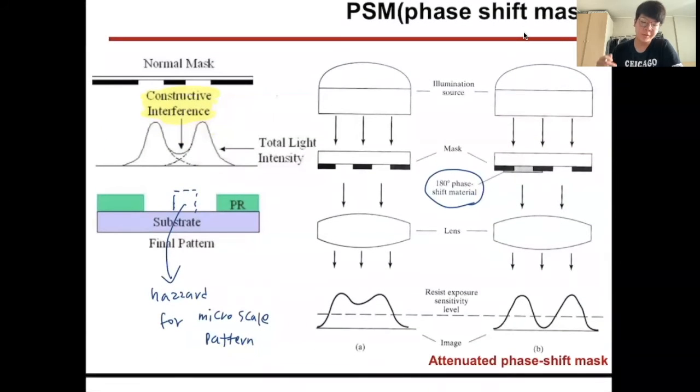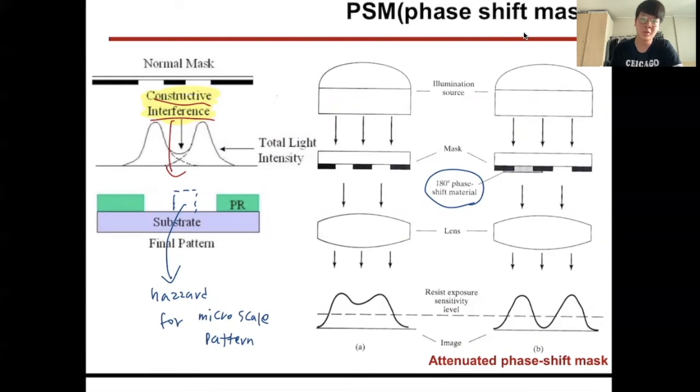There is another knob for solving these problems, the PSM. The PSM, the phase shift mask, also solves the problems due to constructive interference, because we cannot shape these micro-scale patterns.